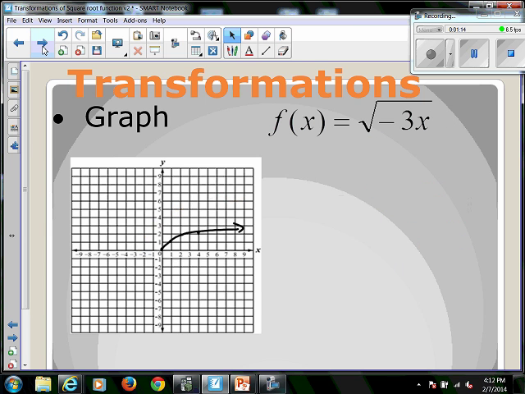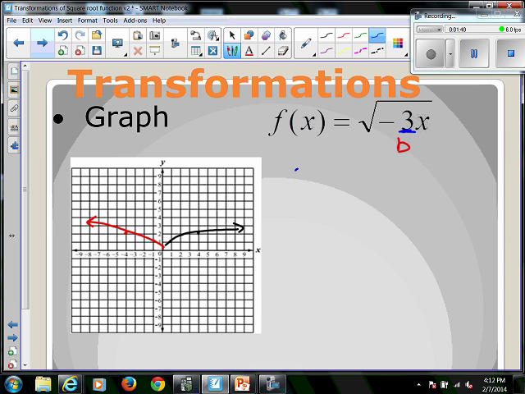Here we have B being negative 3. Since B is negative, first thing is we're going to reflect over the y-axis. And next thing I'm going to do is stretch by a factor of 3.